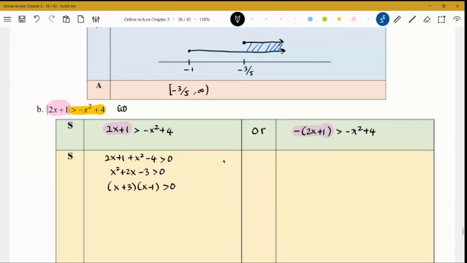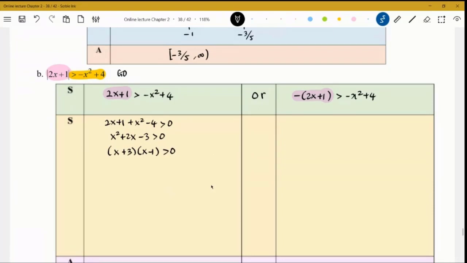So ini adalah kuadratik. So kuadratik ingat kita perlu solve menggunakan graph. So kita dah factorize, so kita nak cari graph. So we have it positive x square, it's smiling shape. So we have it number dia adalah negative 3 and positive 1. Di sini tiada equal sign, dia adalah empty circle, empty circle.